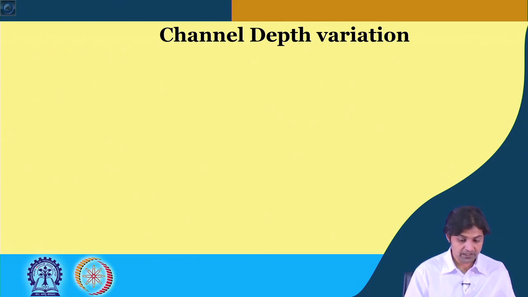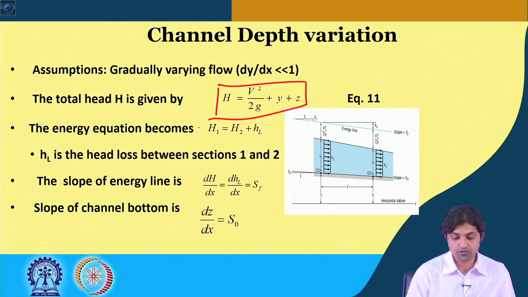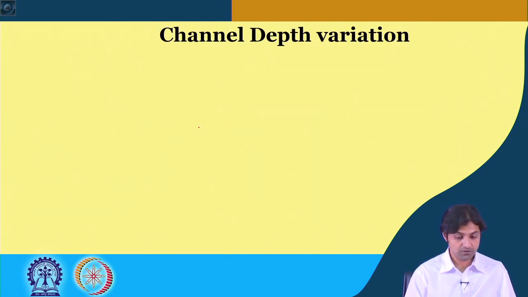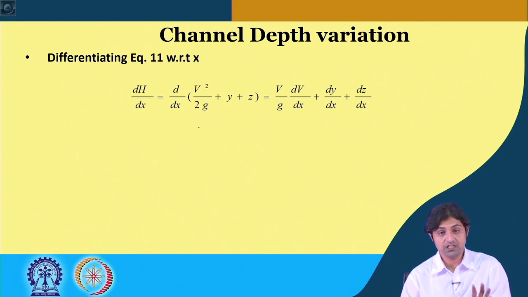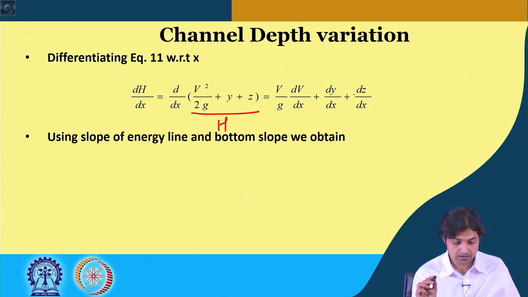Now, if you differentiate equation number 11 with respect to x, what do we get? dh by dx is equal to d by dx of the whole h. Differentiating term by term, 2v by 2g becomes v by g into dv by dx, plus dy by dx, plus dz by dx.